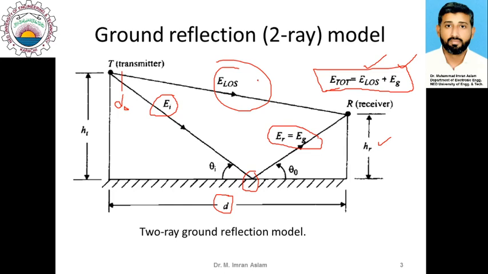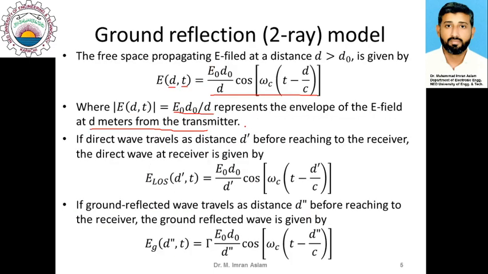Let us assume that this ray travels the distance d prime. Then this LOS wave, which has traveled the distance d prime, will have the form E naught d naught upon d prime cosine omega c t minus d prime by c.